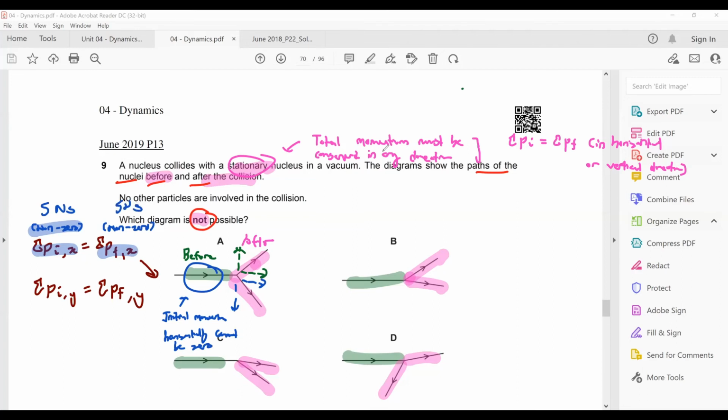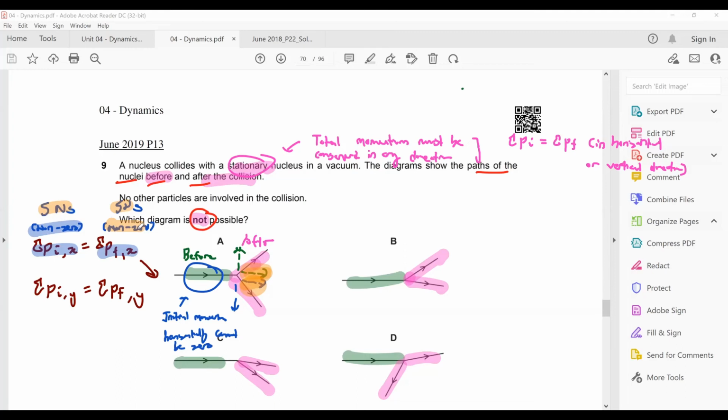Okay, so now after collision, I have a momentum in this direction for both of the two arrows. I would have one momentum here and one momentum here. Both of them will still add up to give me a non-zero value. So I could have a case where momentum horizontally is still conserved.